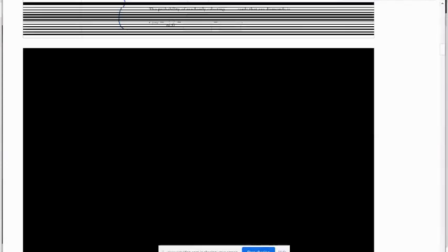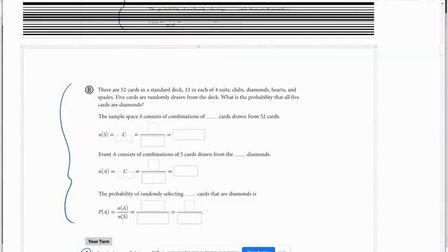The next one, on the next page, we have a 52 card deck, which is a normal deck of cards. 5 cards are randomly drawn from the deck. What is the probability that all 5 are diamonds? And so we have 52 cards.